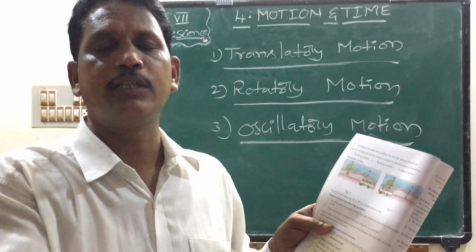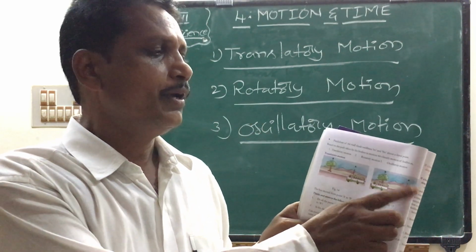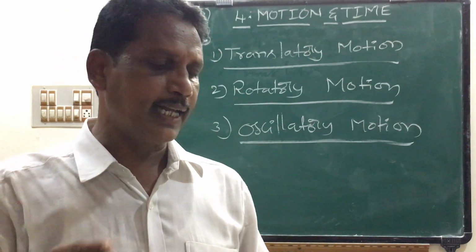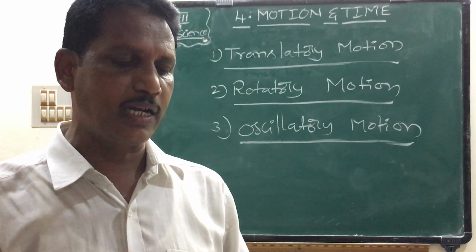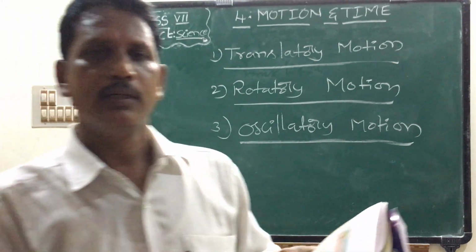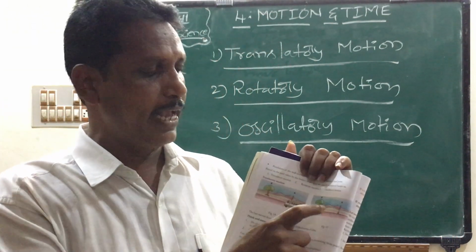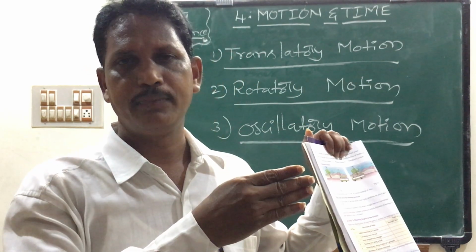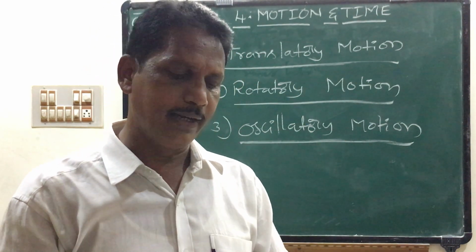Yes, all parts of the bus move along from A to B in a straight line direction. Is the direction of motion of the bus along a straight line or a curved line? The direction of the bus in this diagram is a straight line.